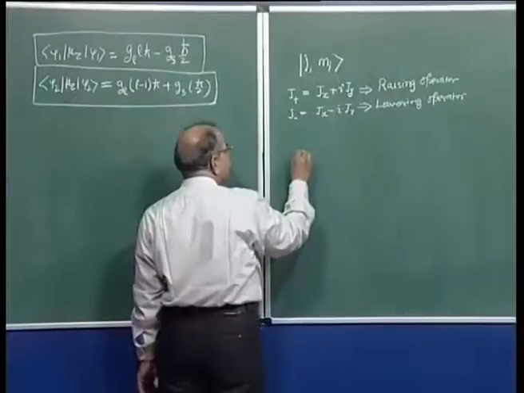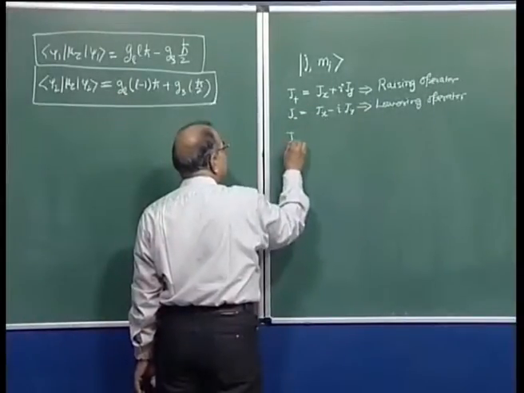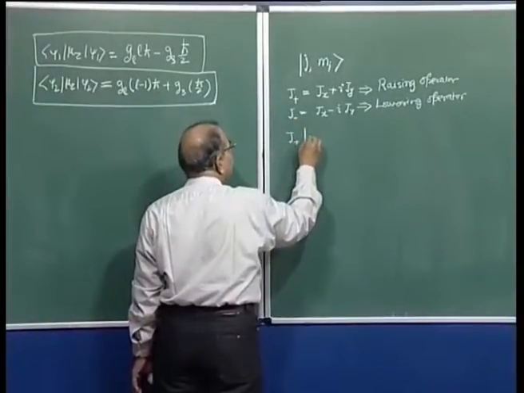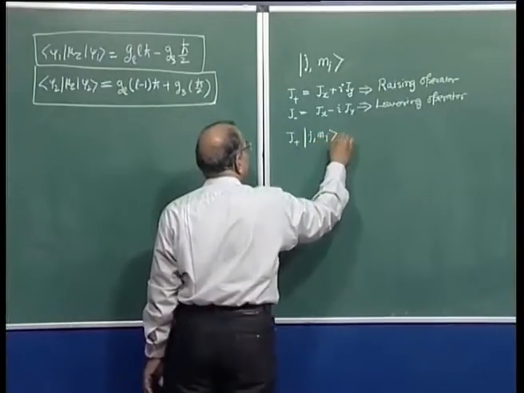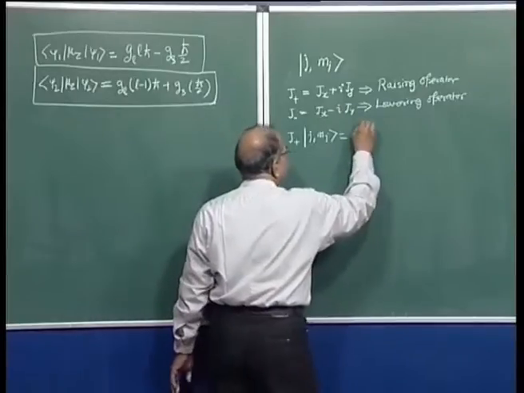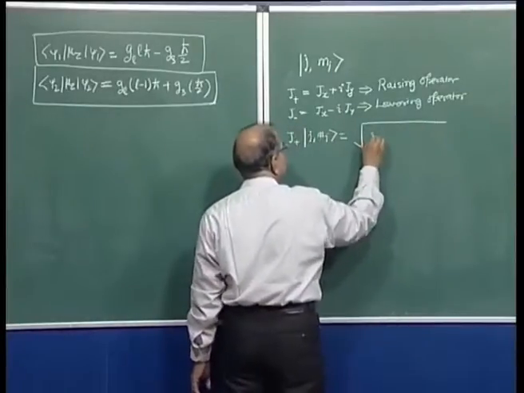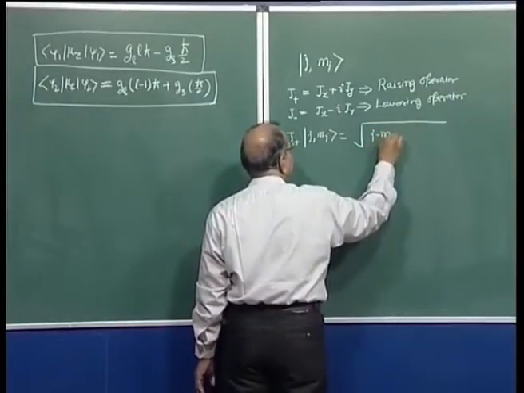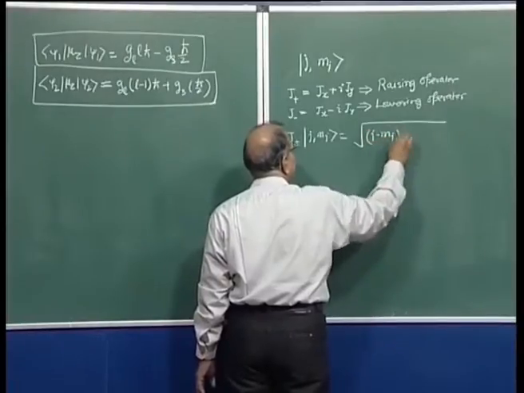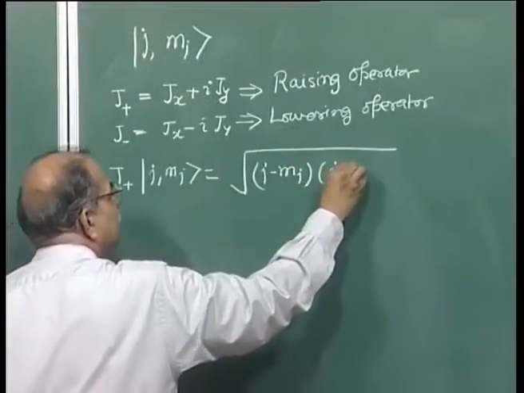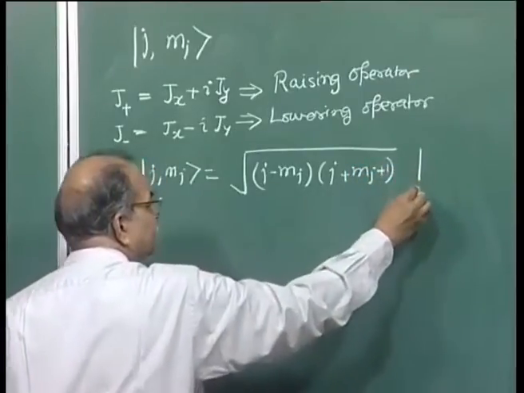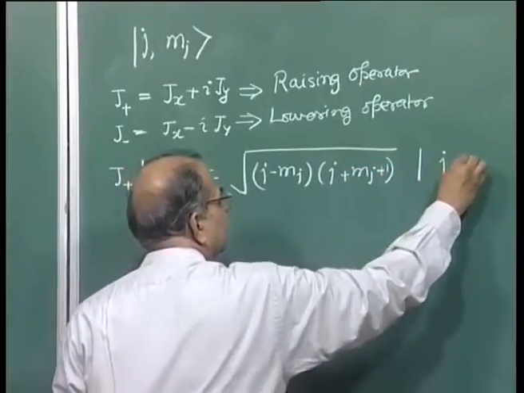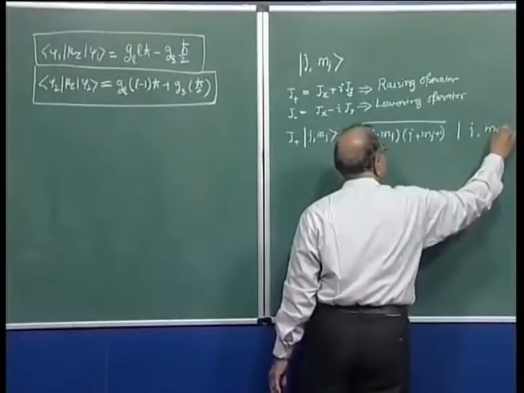And why is it called the raising operator? Because if you operate j plus on this |j mj>, what you get is a constant, sqrt((j minus mj)(j plus mj plus 1)), and then here |j, mj plus 1>.